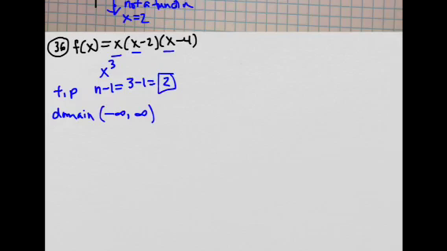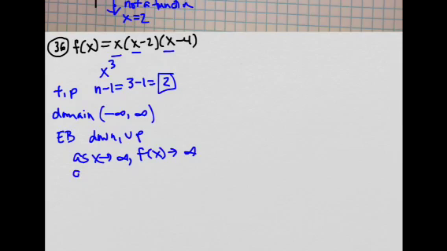And let's take a look at end behaviors first. Now, because it's a cubic function, this is a down up, right? So you would say, as x goes to infinity, f of x goes to infinity, and as x goes to negative infinity, f of x goes to negative infinity.